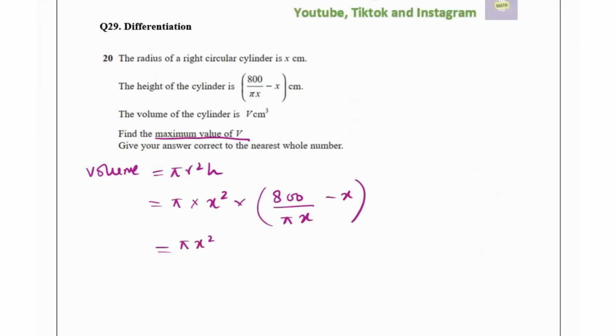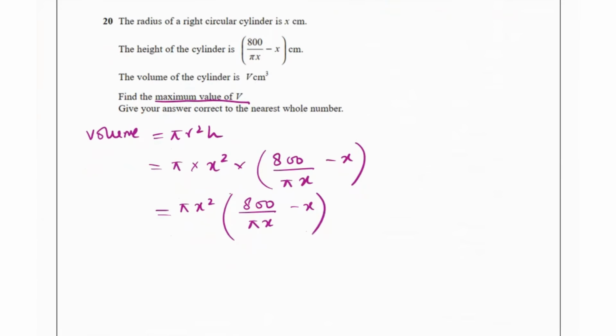We have pi x squared times 800 over pi x minus x. Expand the bracket. Pi x squared times 800 over pi x is going to be 800x, because the pi's get cancelled out, and x squared divided by x is x. Then minus pi x cubed.